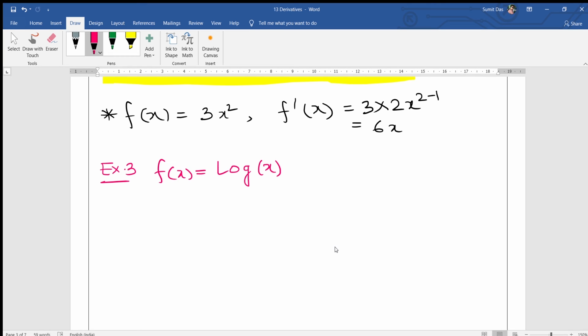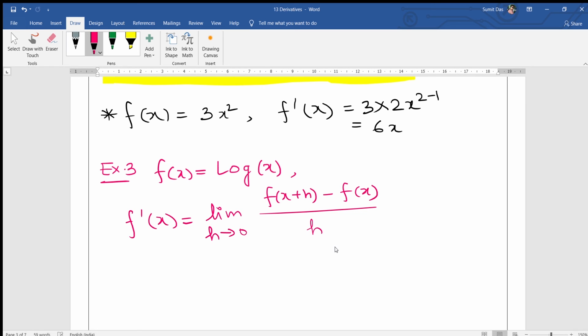We have to find the derivative using the first principle. So what would be the derivative f dash x? It will be limit h tends to 0, f of x plus h minus f of x, divided by h.